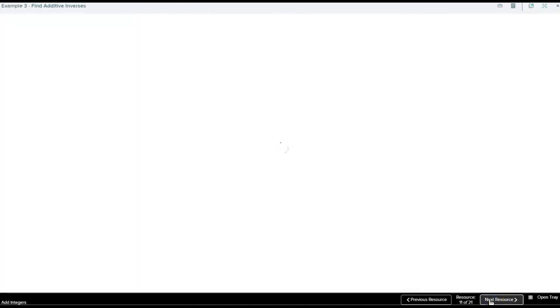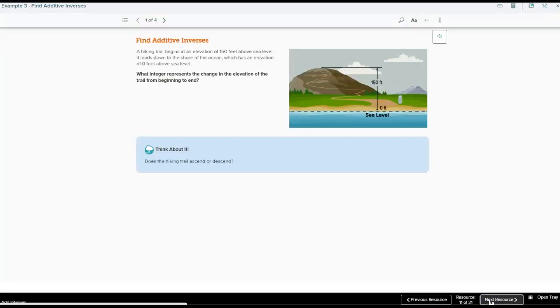Okay, so to find the additive inverse, this one's kind of appropriate for here when we're talking about hiking and elevation. A hiking trail begins at an elevation of 150 feet above sea level. It leads down to the shore of the ocean, which has an elevation of 0 feet above sea level. What integer represents the change in elevation from the beginning to the end? So think about it.